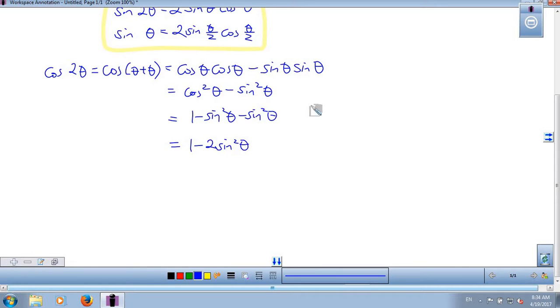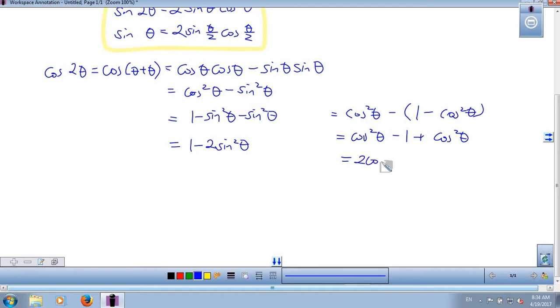I can also replace sine squared theta with 1 minus cosine squared theta. So this will be cosine squared theta minus 1 plus cosine squared theta when we open the parentheses.